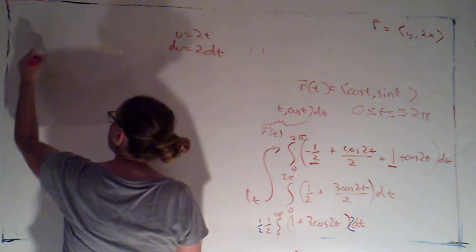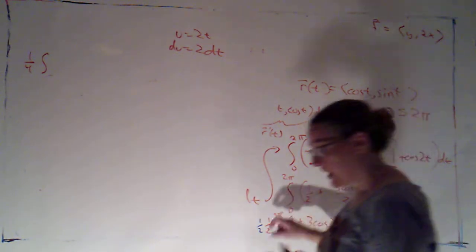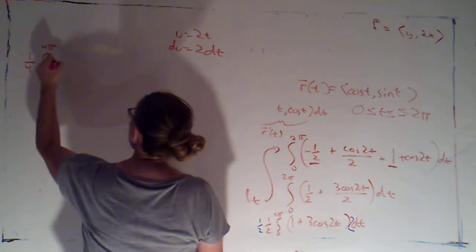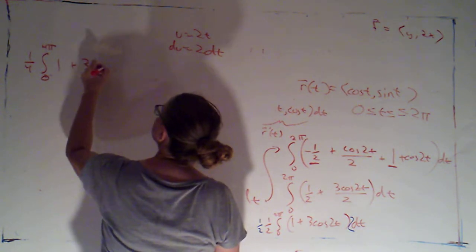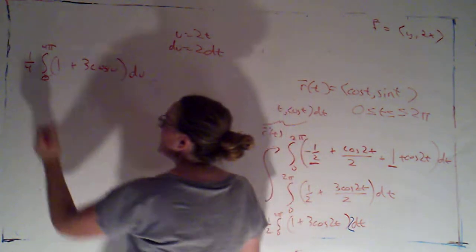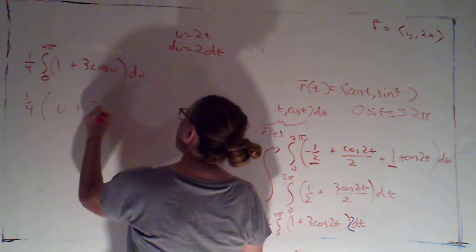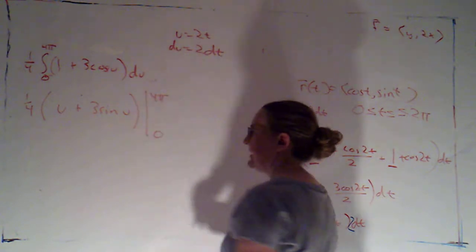The integral now goes from 0 to 4 pi of 1 plus 3 cosine u du. So that's going to be 1/4 times u plus 3 sine u, evaluated between 0 and 4 pi.